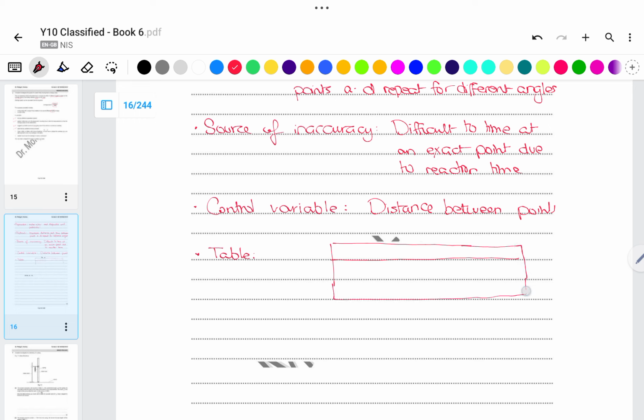Nothing within. For me, I'm going to have the time, this is what I'm going to be measuring, and the speed. And the independent variable, which I'm changing. So what I'm changing is the angle, and it's going to be in degrees.